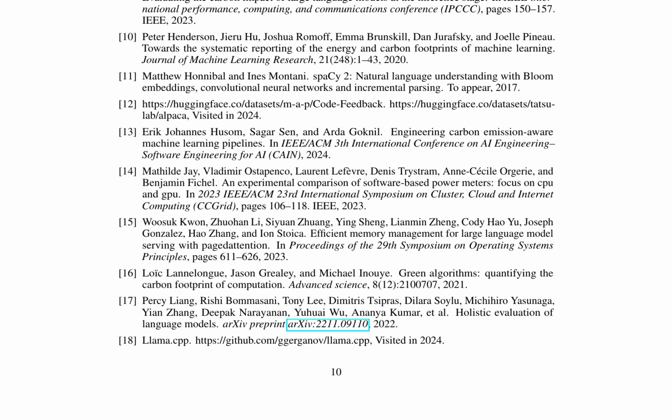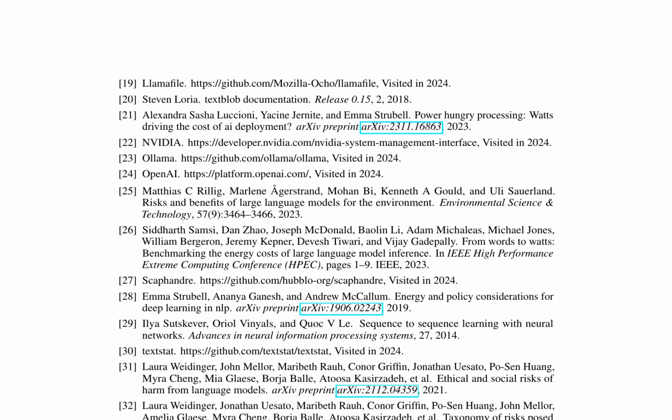The summary begins with the discussion on the energy costs of large language model inference, highlighting the work of Siddharth Samsi et al. On benchmarking the energy costs. It then transitions to the topic of environmental risks and benefits of large language models, referencing Matthias C. Rillig et al.'s work on the subject.